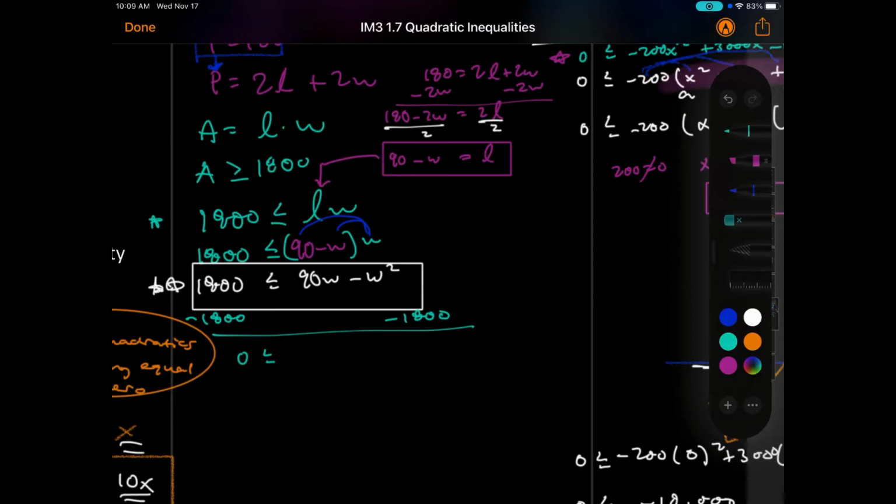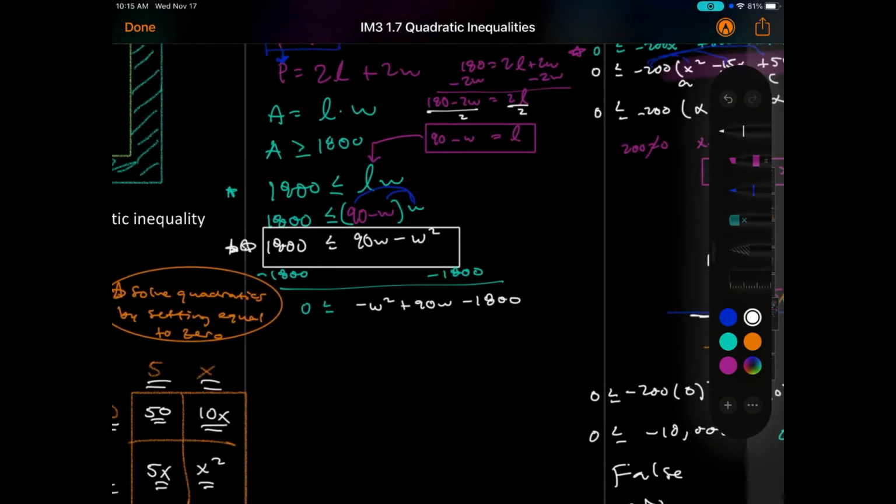Did you guys see my mistake? Right there. That should be 90W. No, that was right. That was right. Okay, so I have negative W squared plus 90W minus 1,800.